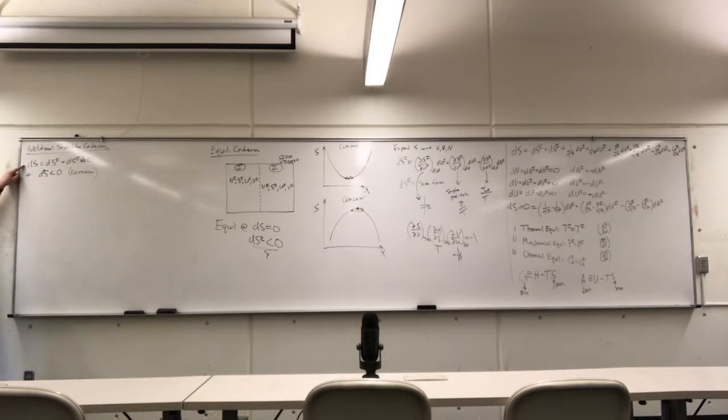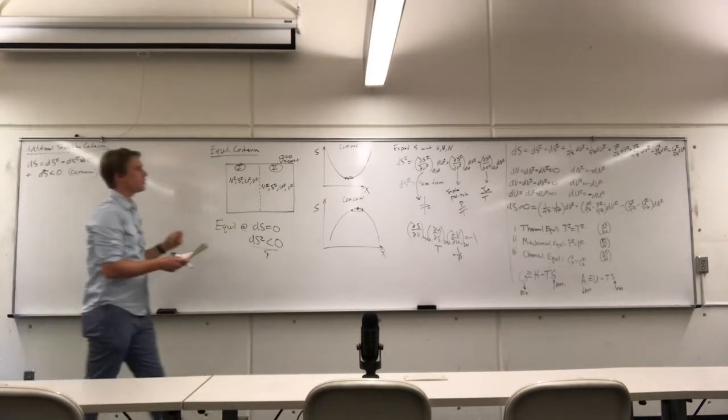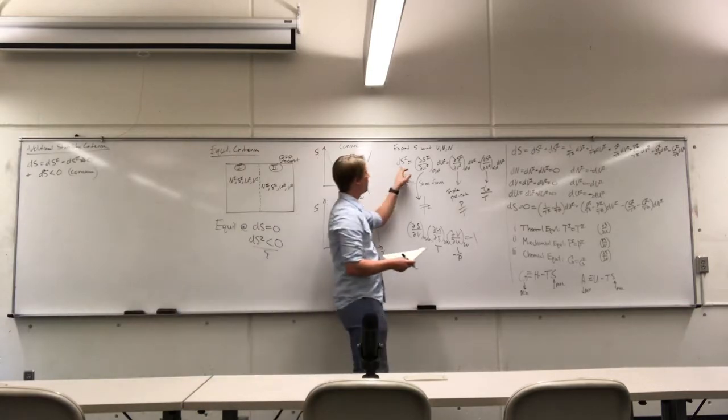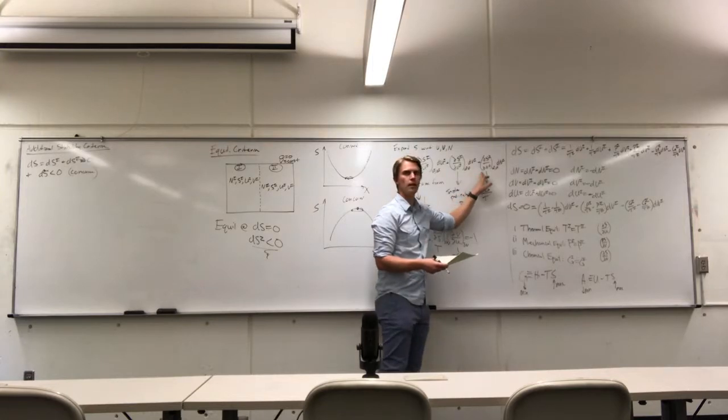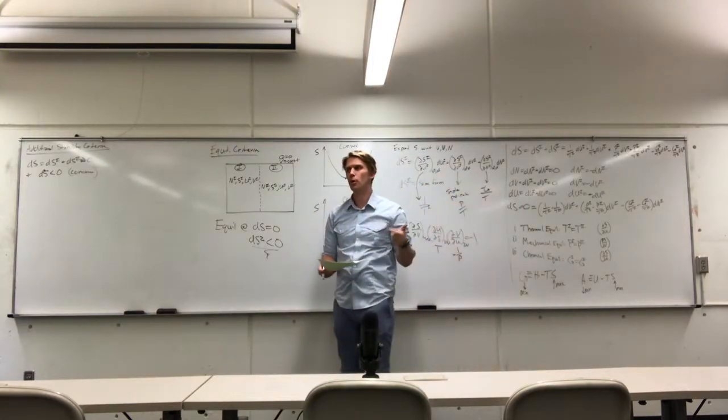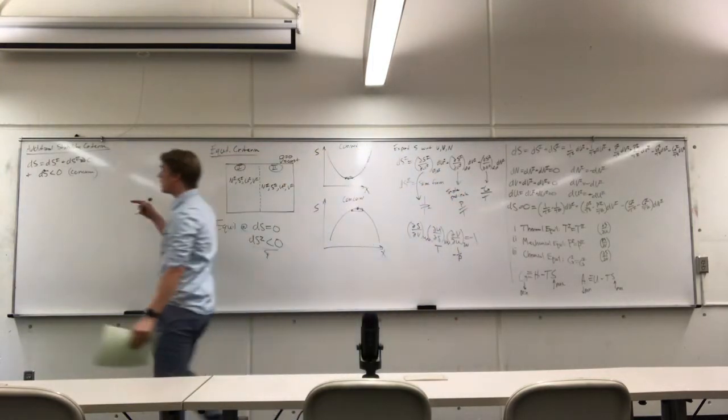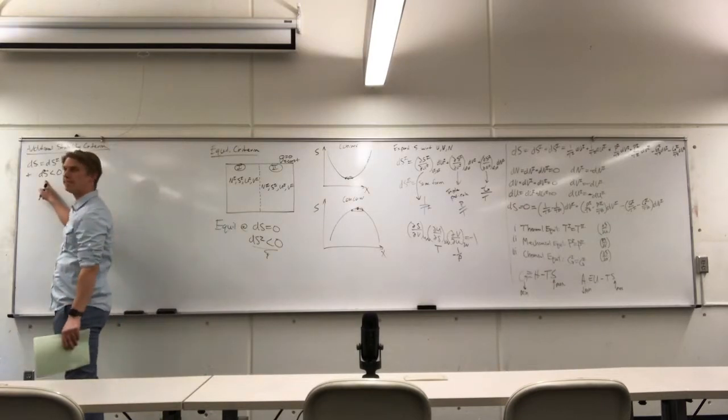So the same approach that we took to use this criteria to develop our equilibrium relationships, where we expanded the change in entropy with respect to U, V, and N, the internal energy, the volume, and the number of moles, we're going to repeat that process twice.